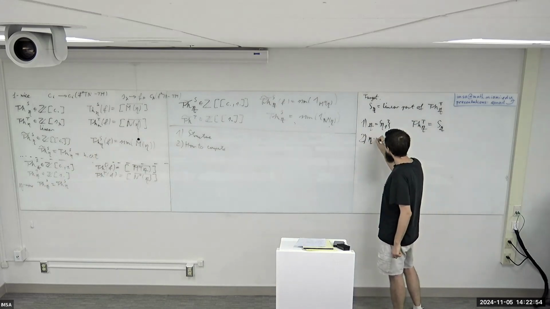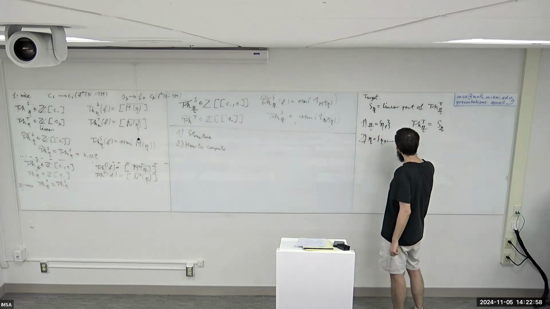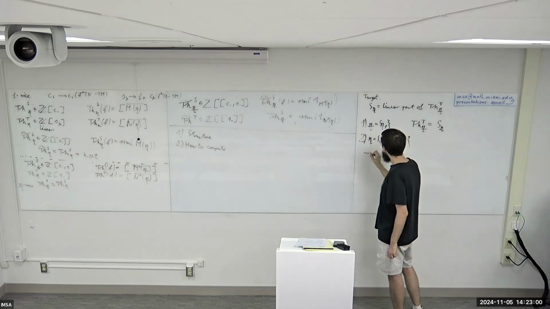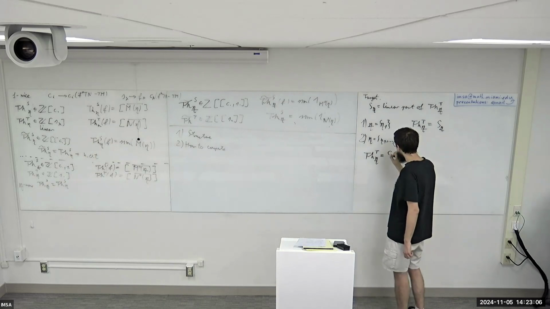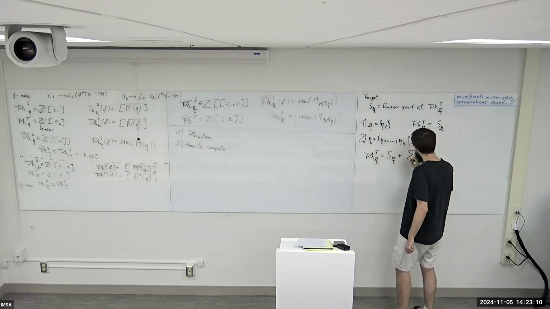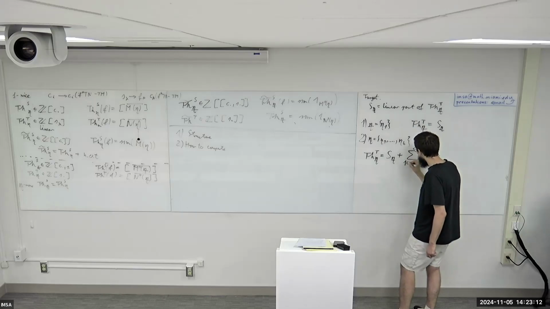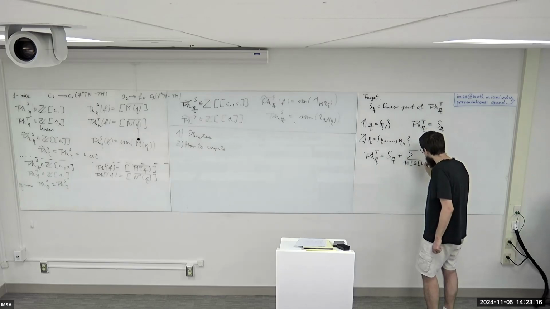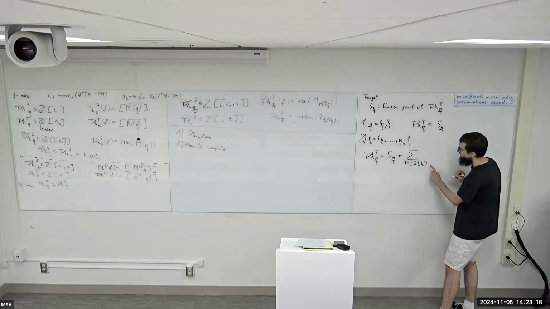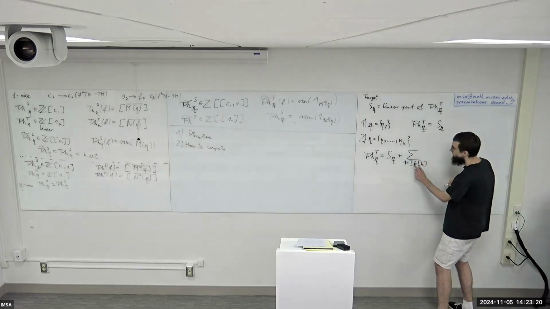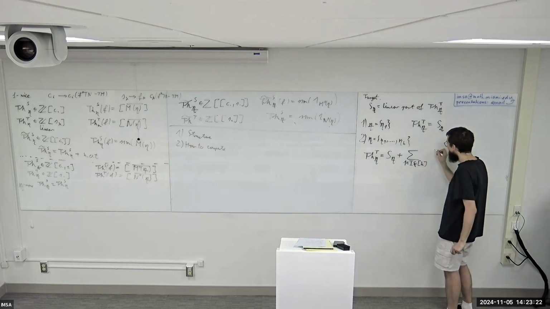If eta is eta 1 up to eta k, then the Thom polynomial of eta equals the linear part plus a sum over all subsets I in the set 1, 2, 3 up to k, which are not the whole set, such that it contains 1.